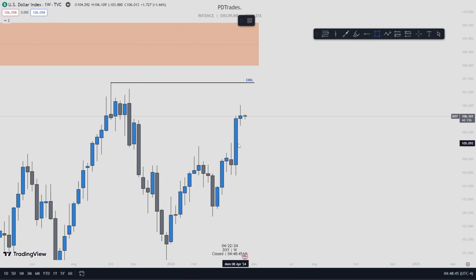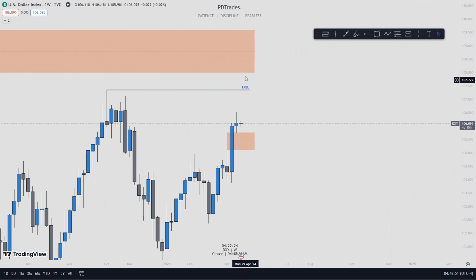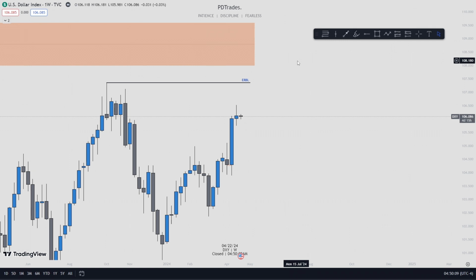So what I want to see is that if it really wants to come to this point here, then we might see a draw to this imbalance.